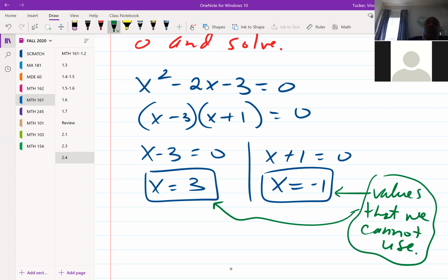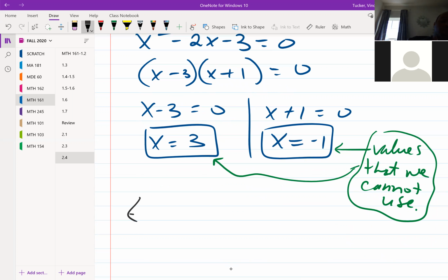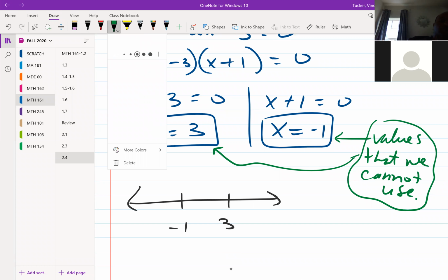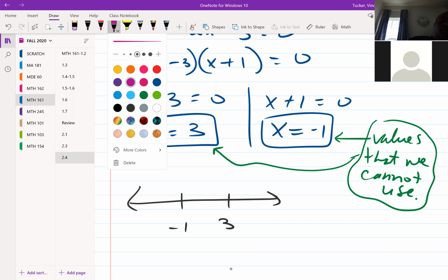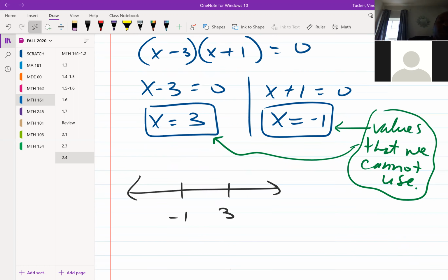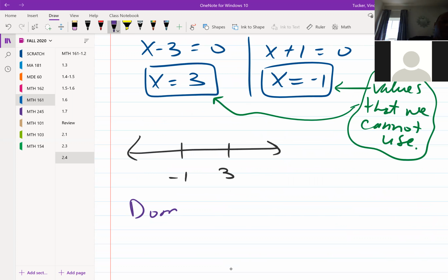All right. So now, just like I did before, just to make sure we're okay with the intervals, set up your generic number line and you can see it. All right, so our domain is going from negative infinity to negative 1.